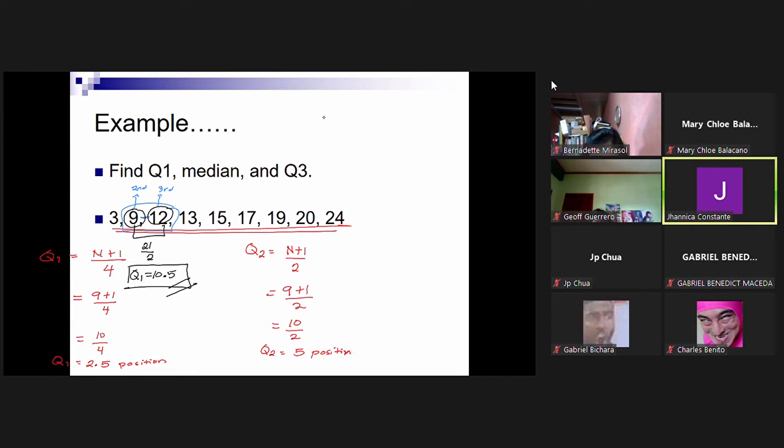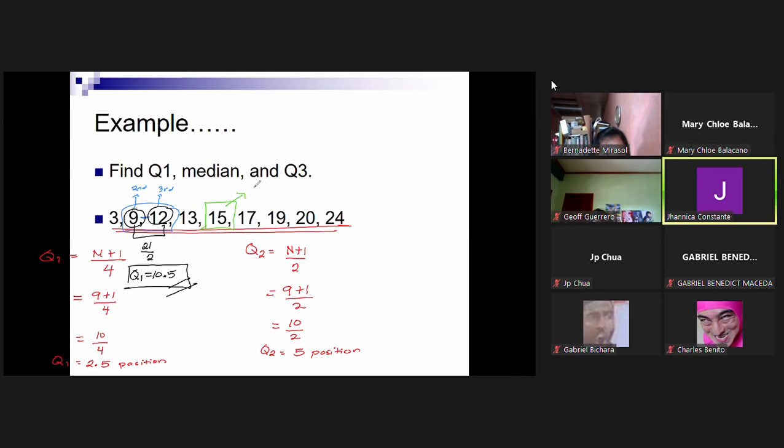According to our solution, the quartile 2 is in the fifth position, so identify what number in the set of data that we have is in the fifth position. Looking at our set of data, the number that is in the fifth position is 15.